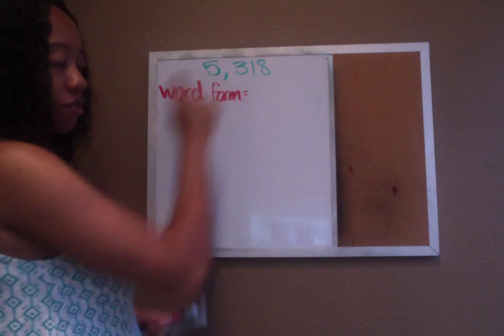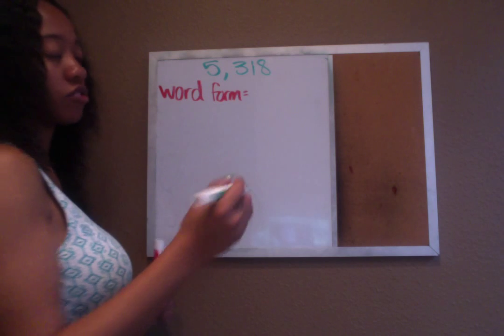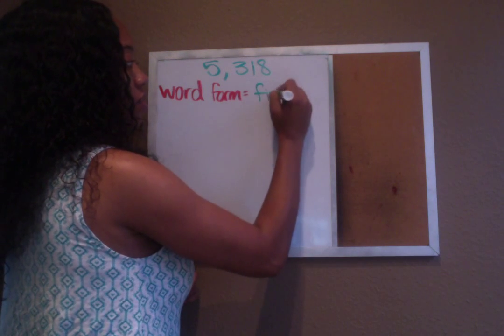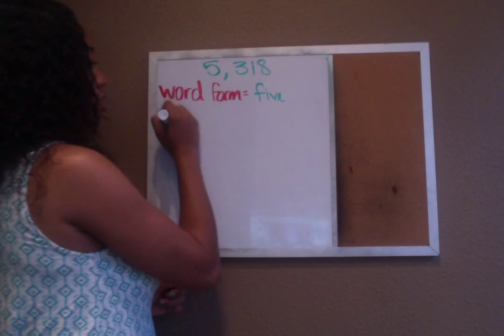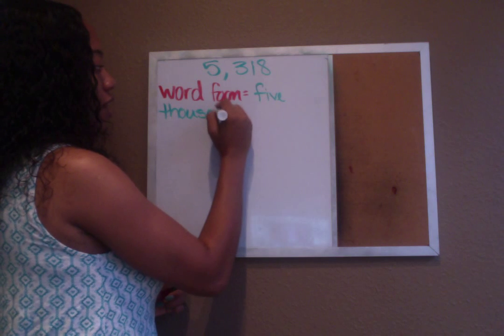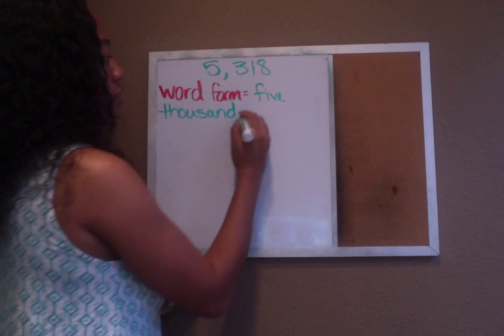So the word form for 5,318 would look like this. 5,000, THOUSAND.